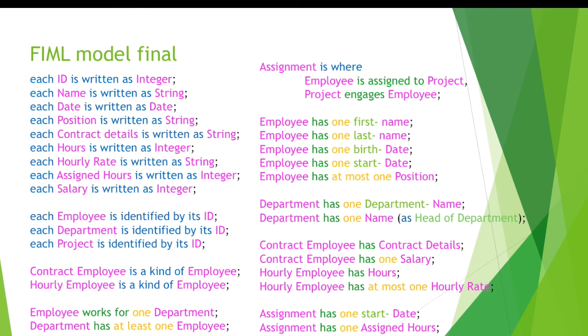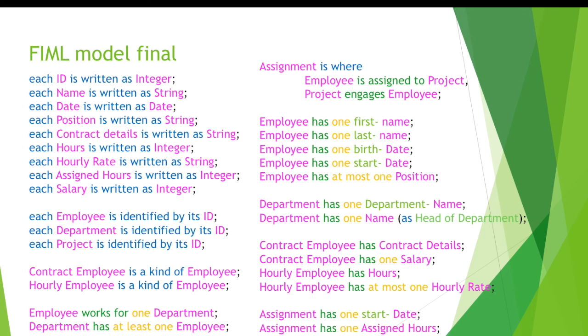Then we've got two subtypes of employee that are described before going into the fact types, so the relationships between employee and department. And then we've got our named fact type assignment and all the roles that the objects play. And here we've got employee, department, contract employee, hourly employee, and assignment. Please take a moment to familiarize yourself with the model.